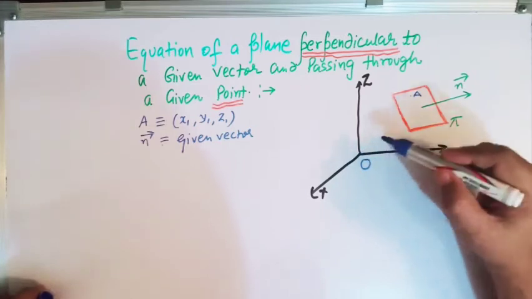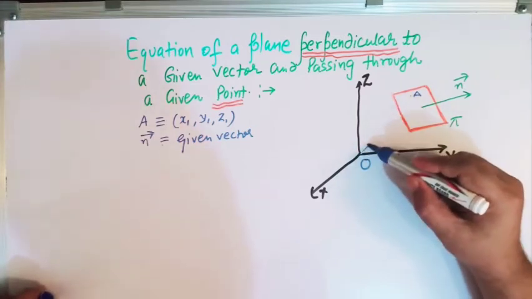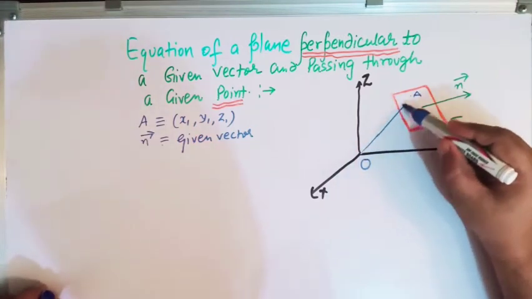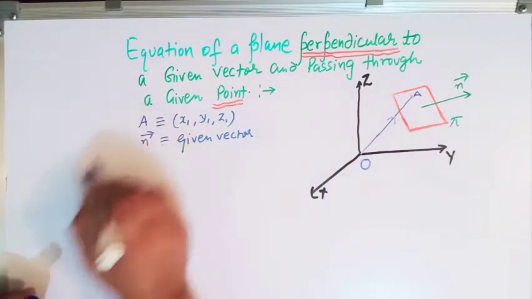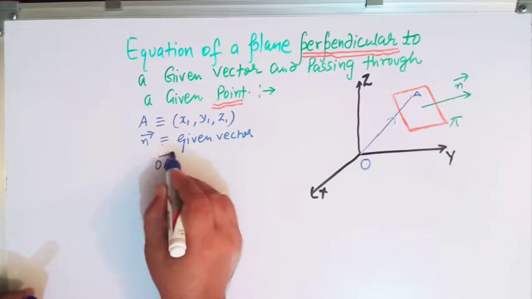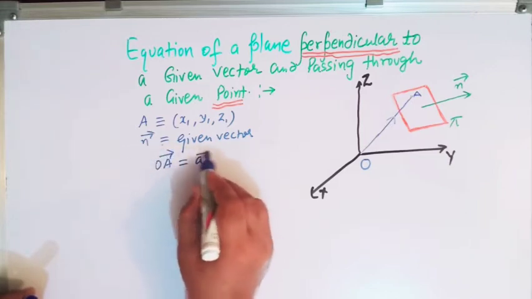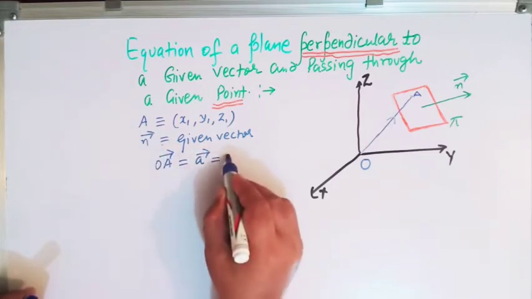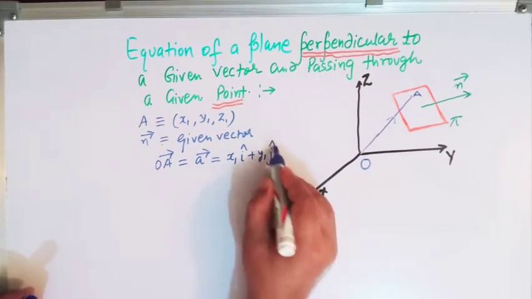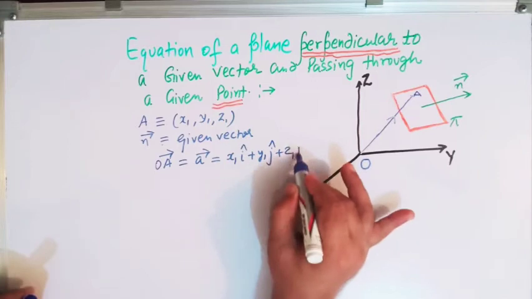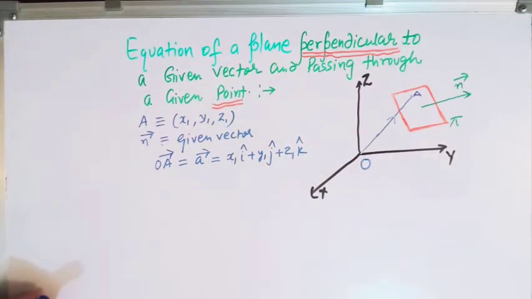Now the position vector of this point A is OA, and OA can be written as, say this is vector a, and we have x1 i cap plus y1 j cap plus z1 k cap, right?